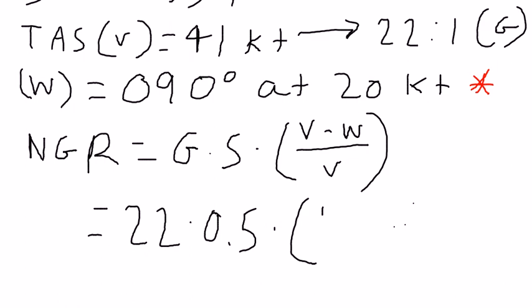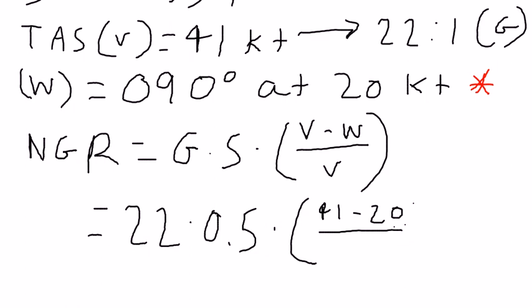So 41 knots minus 20. And we're playing it safe here by assuming that the 20 knots is going to be working against us the whole time. In reality, most likely you're going to be doing some turns and not working against a 20-knot wind the entire time.